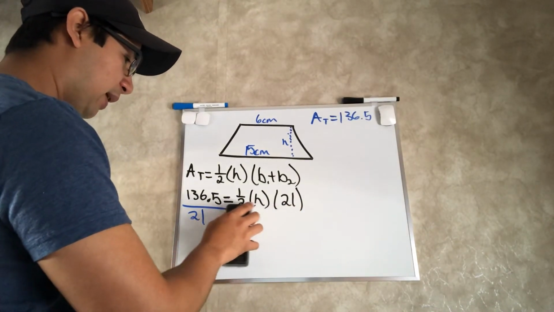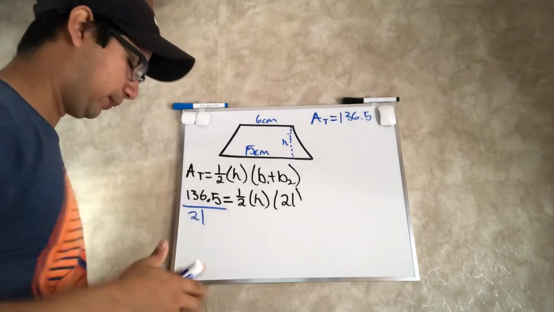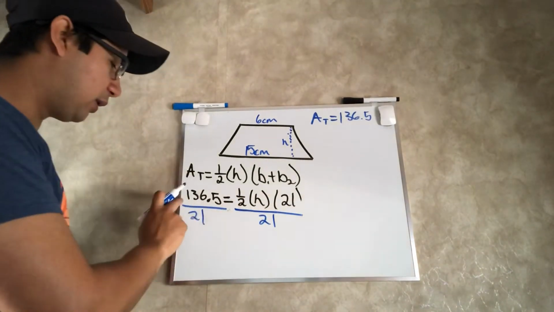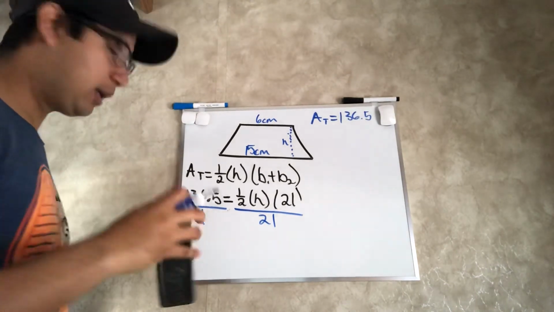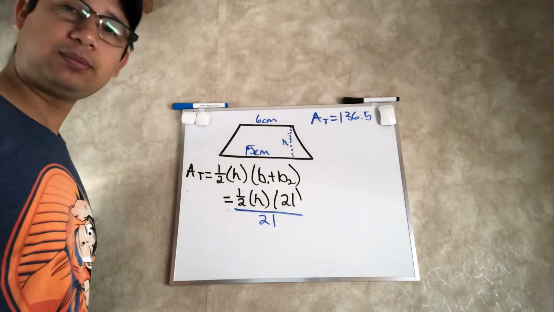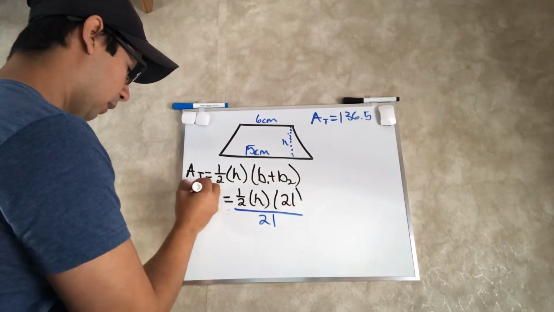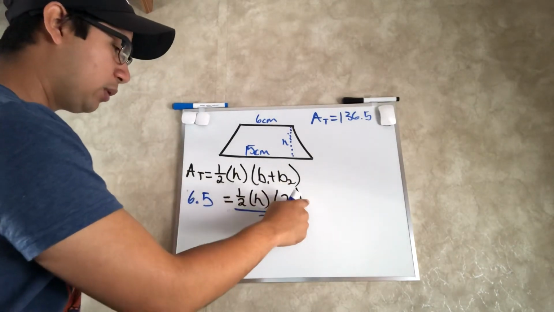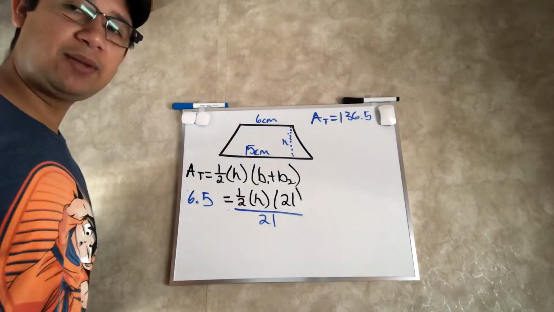So this here, 136.5 divided by 21, gives me 6.5. And this 21 divided by 21 gives you 1.